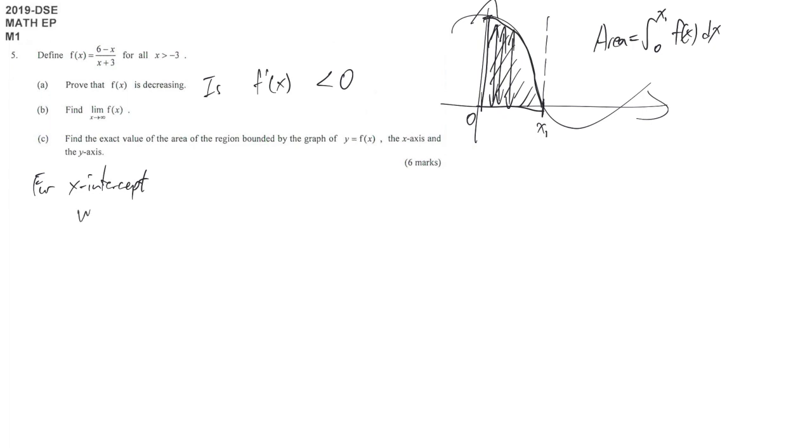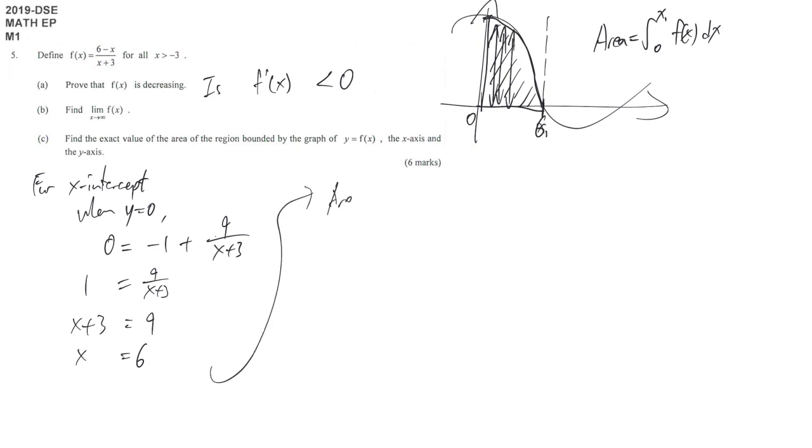When y is equal to 0, that means f x equal to 0. f x is negative 1 plus 9 over x plus 3. So we know the x-intercept is 6, which means that the area we need to find is from 0 to 6, when x is between 0 and 6.